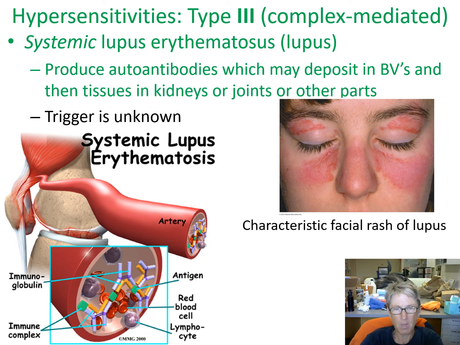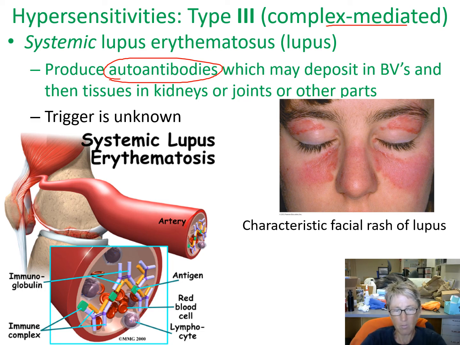Lupus, you may have heard of this, systemic lupus erythematosus. It's a type 3 hypersensitivity. It's complex mediated, so that means it's an antigen-antibody complex mediated disease. In lupus, you make autoantibodies, so it's an autoimmune disease, and these autoantibodies bind to these antigens, and they deposit in blood vessels.